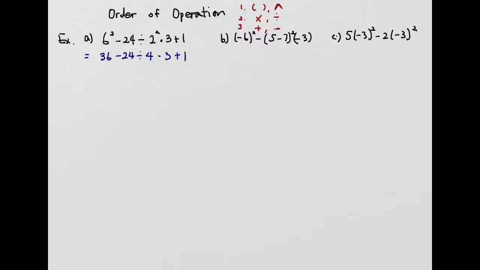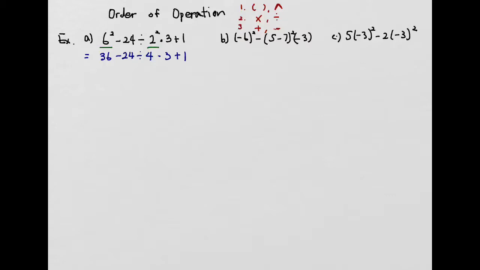So I end up doing exponents first, right? And next, I will do multiplication and divisions. It looks like I have division here and multiplication there. Since they're together, we're going to do whichever is on the left side first.